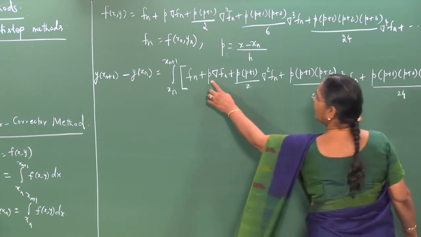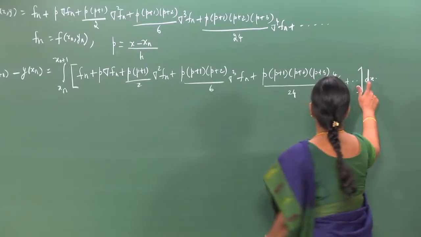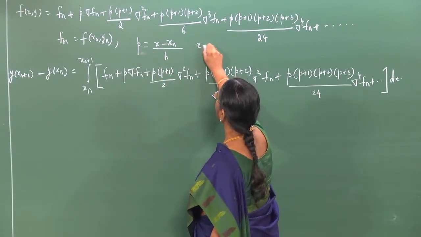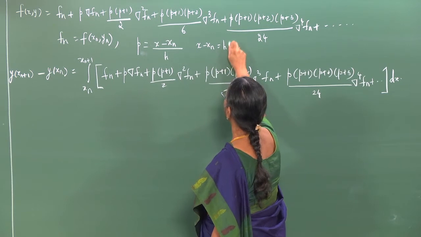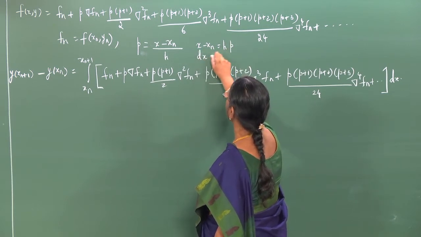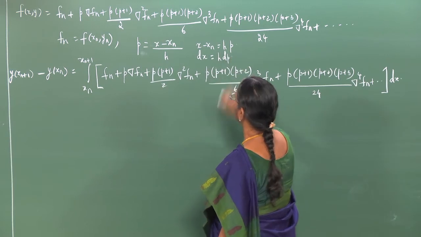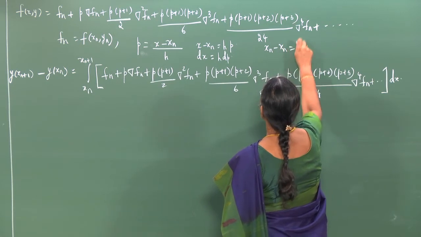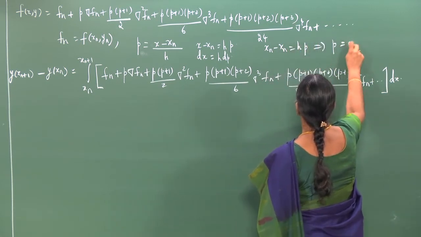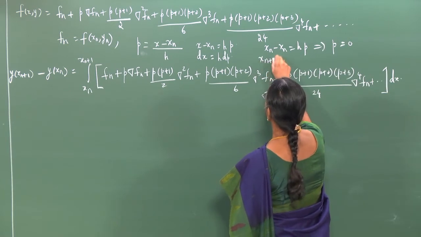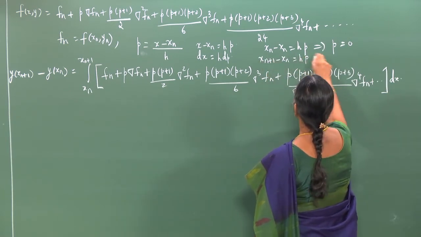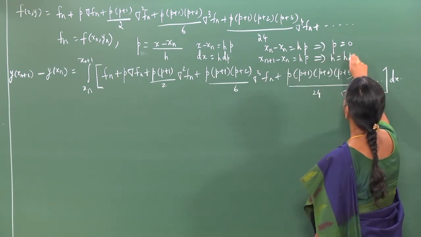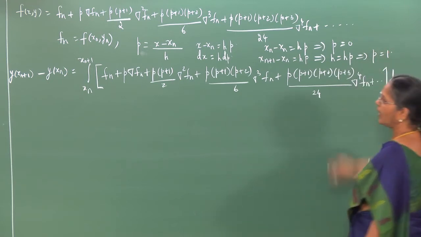Now, I observe that the variable here is p and the integration is with respect to x. So, I use this transformation. So, I have x minus xn to be h into p. So, dx will be equal to h dp. Further, when x is equal to xn, then this tells that p is 0, and when x is equal to xn plus 1, then we have h to be equal to hp, which gives you p to be equal to 1.